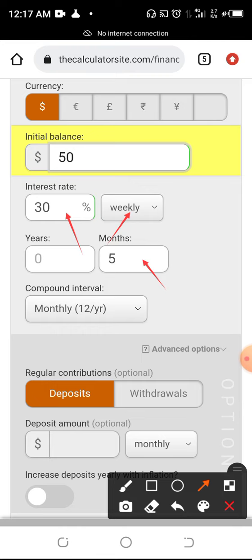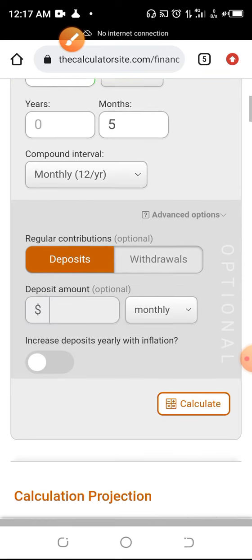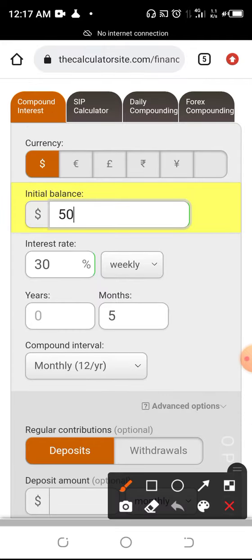So let's just calculate this and see what we get for 5 months. Let's click on calculate. You can see that here we have the balance as 50. This could be anything that you want to start with. If it's 100, you put in 100 here. So just go to Google and type in compound interest calculator, and you will see this calculator on the first page. All right.